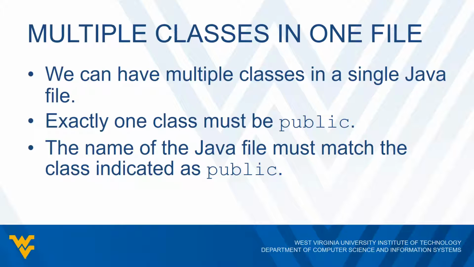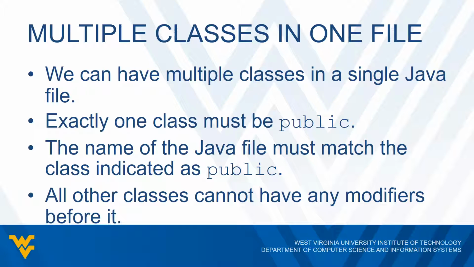So in our example there, we would have had myArrayList.java because the class that was designated as public was the myArrayList class. And then all of the other classes that are included in the file cannot have any modifiers before it. That's why if you take a look at the previous slide, the ArrayListIterator class did not have public or private in front of it. It was just class ArrayListIterator.